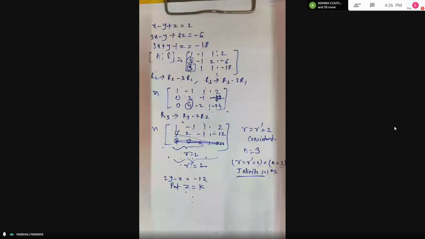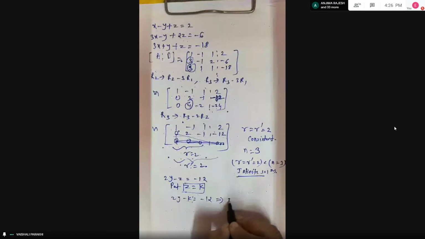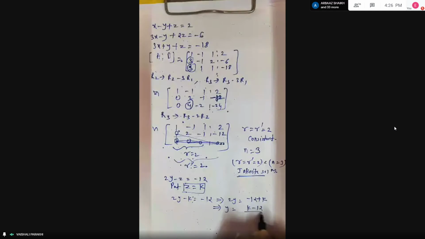So put z is equal to k. You can put y is also equal to k, no problem. So what will happen? 2y minus k will be equal to minus 12, and 2y will be equal to minus 12 plus k, right? And this will give you y is equal to k minus 12 divided by 2.